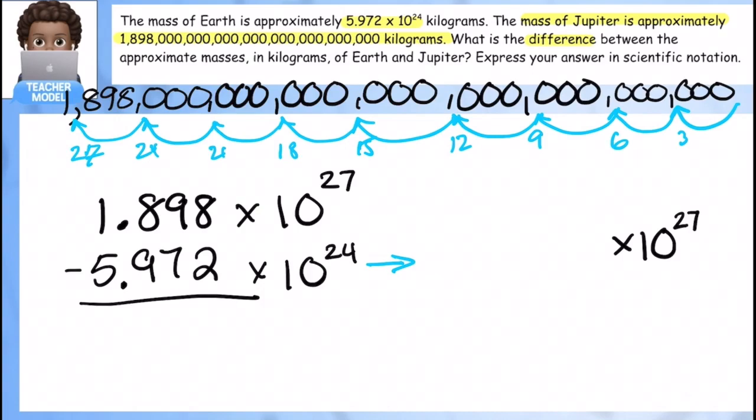Think for a little bit about what's happening here. If my exponent is increasing by 3, that means my second number must have decreased. It has to get smaller by 10 to the 3rd power. So that means I need to shift it 3 times.